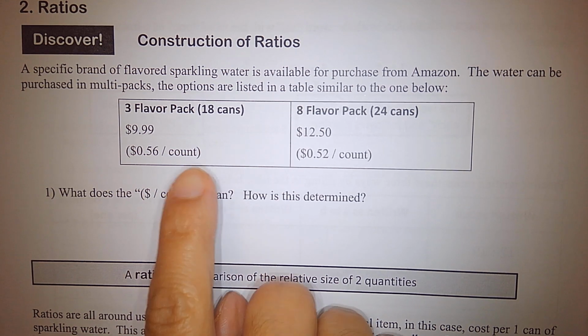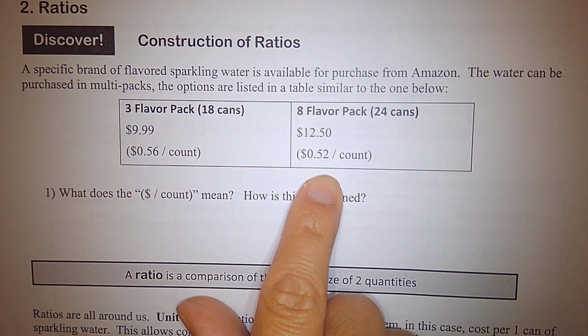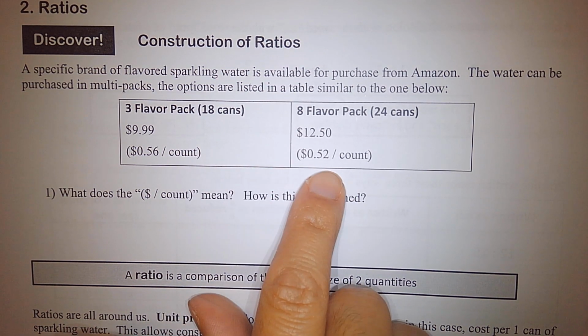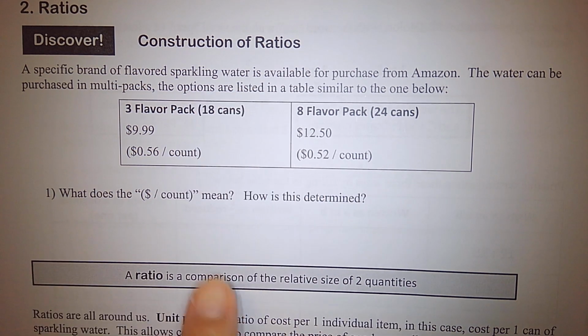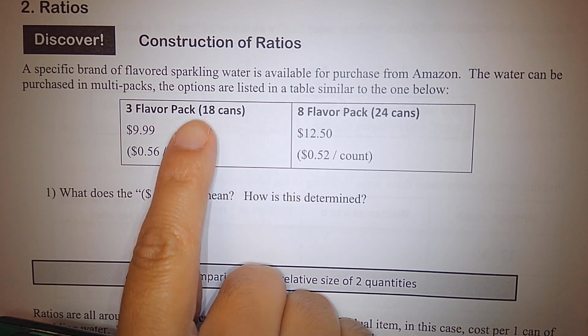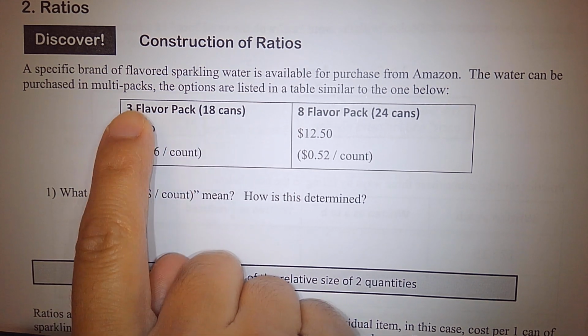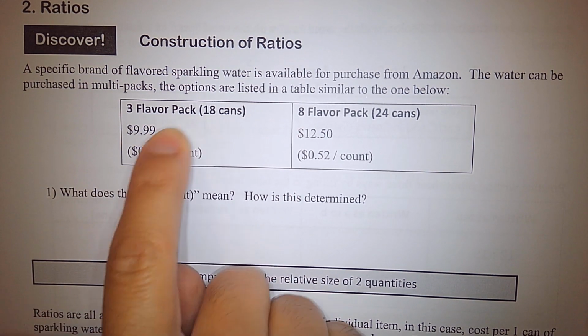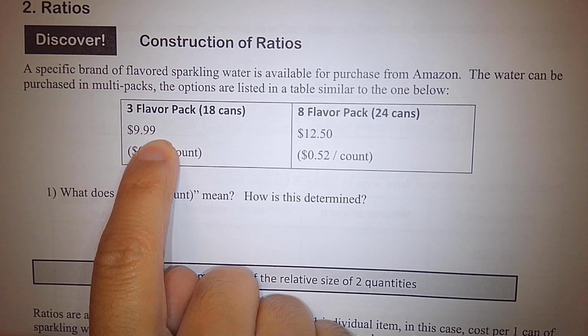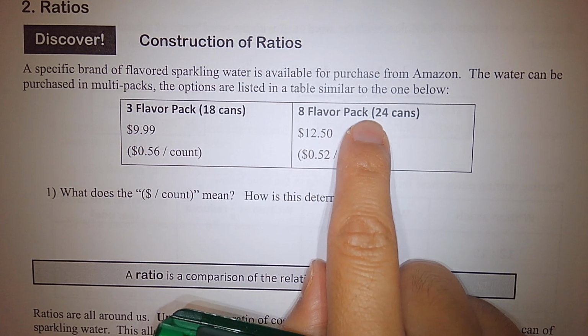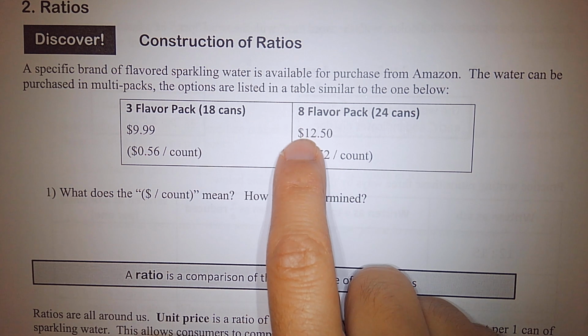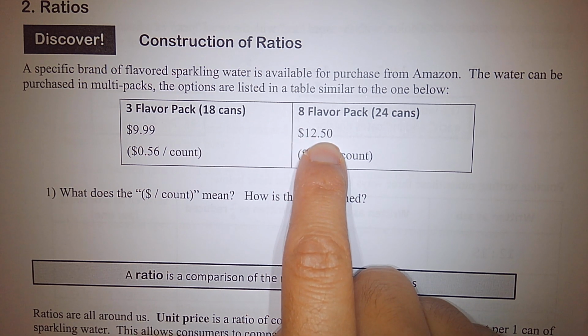So, we have two options to buy what? Flavored sparkling water. One option is 18 cans with 3 flavors, and it costs $9.99. The other option is 24 cans, and it costs $12.50.